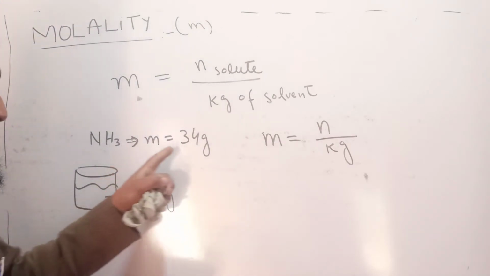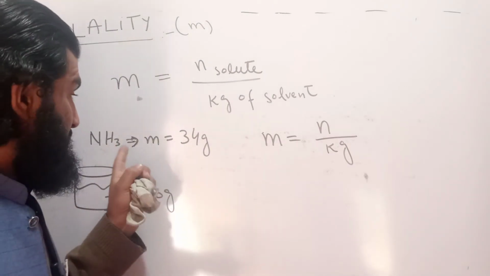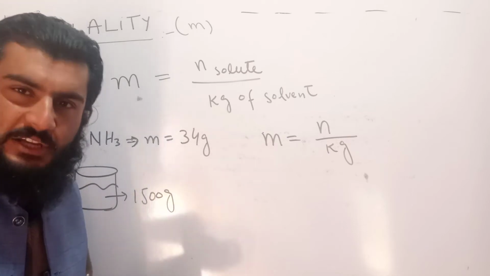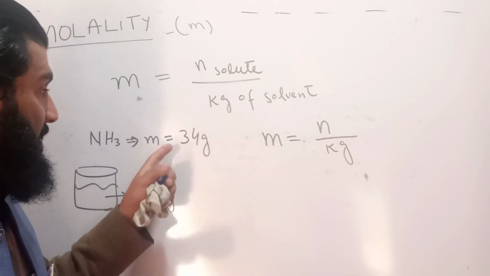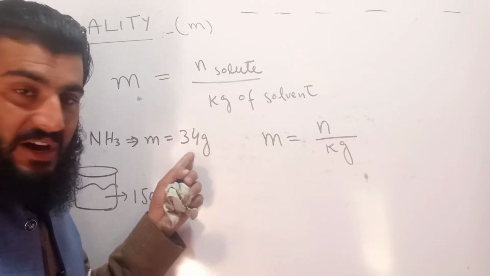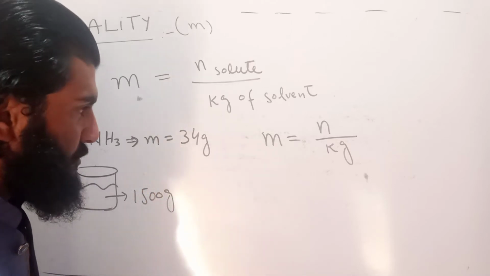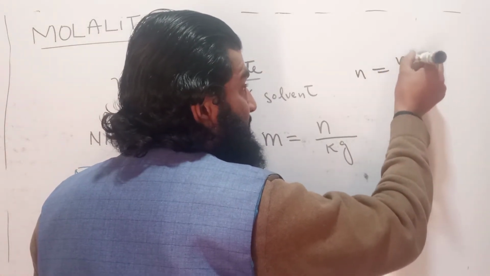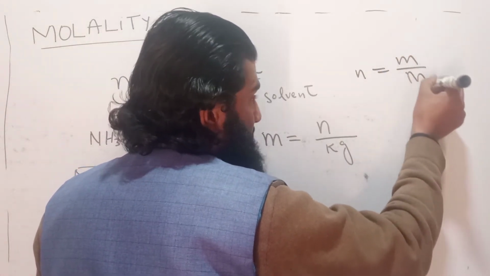Here the moles of solute are not given, but the mass of solute is given. So first of all, we want to express this gram in moles. You know, number of moles is equal to mass of solute divided by molar mass of solute.